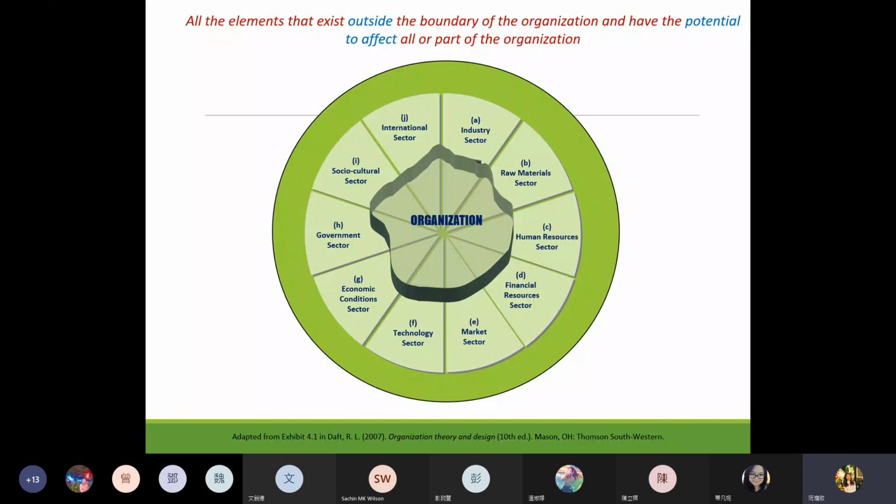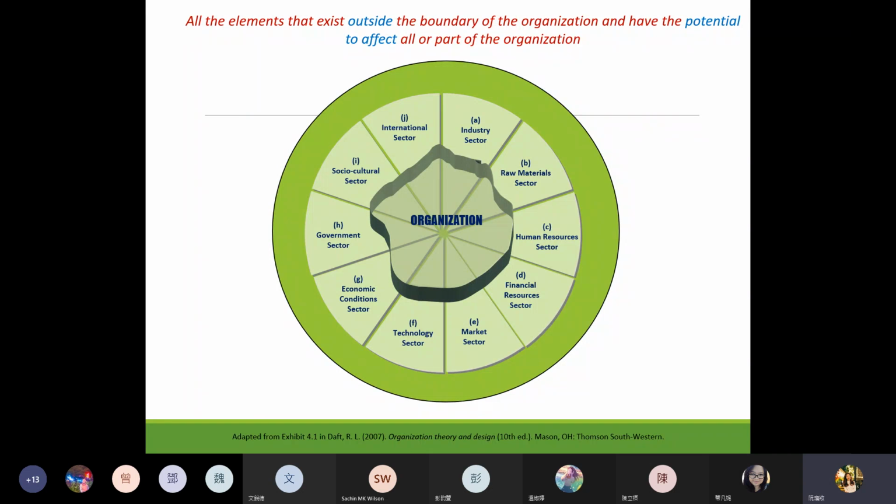And the logic is that all the elements that exist outside the boundary of the organization and have the potential to affect all or part of the organization will be included in this big picture.